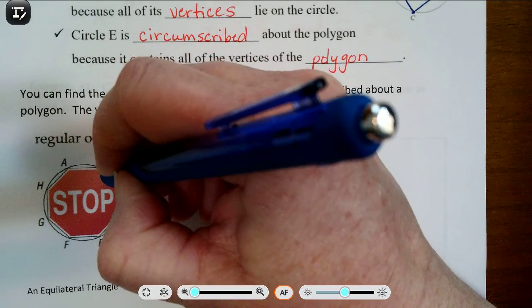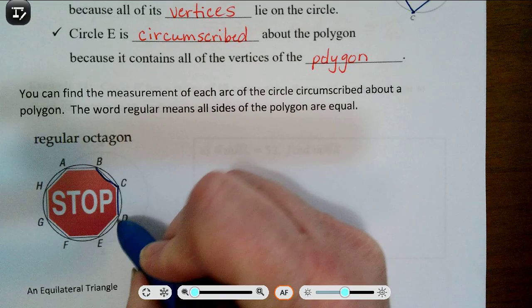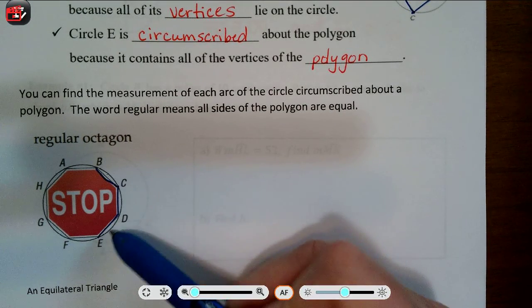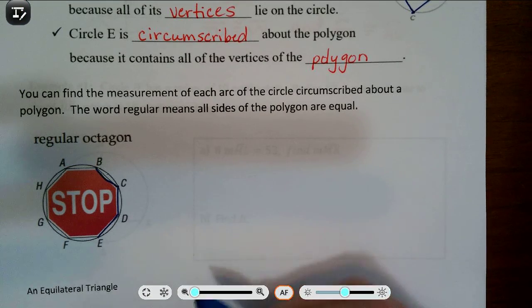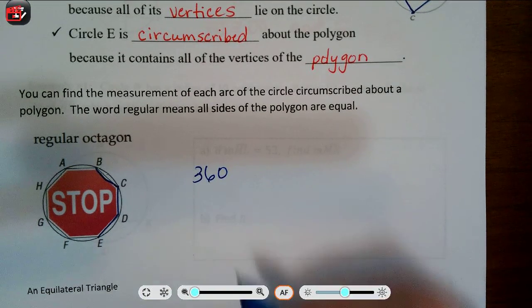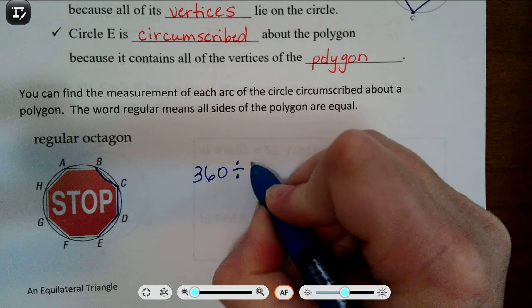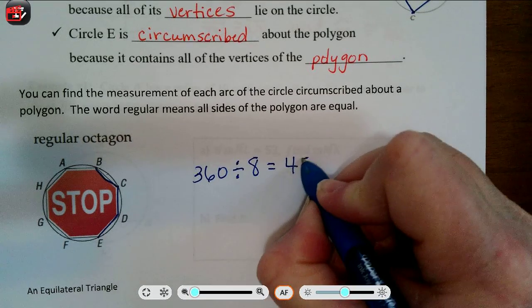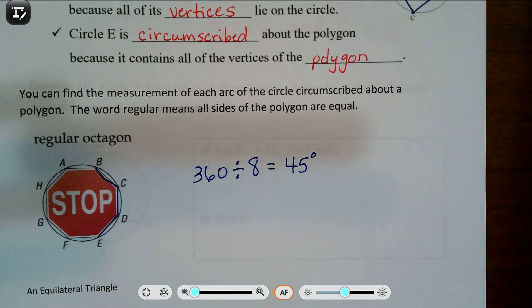Well, since all of these chords, all of these sides are equal, every single chord is congruent, that means every single arc is congruent. So I know it's 360 degrees around the circle. We're going to divide that by an octagon, which has 8 sides, and I'm going to get 45 degrees as the measure of each arc.